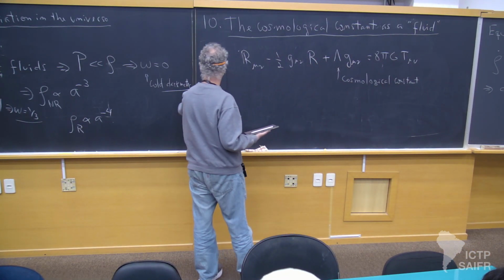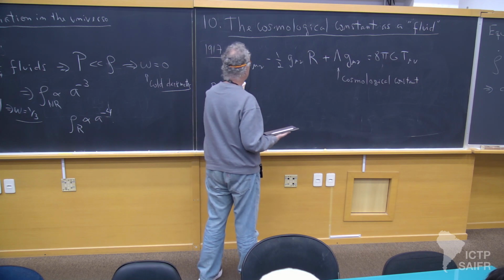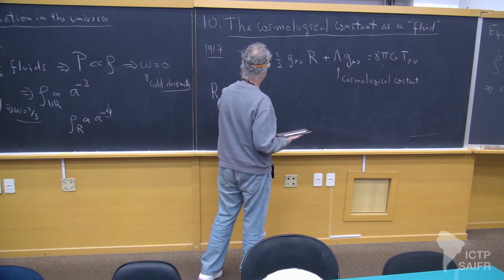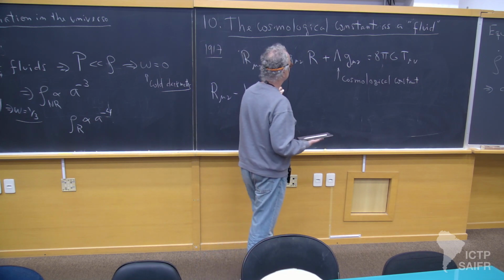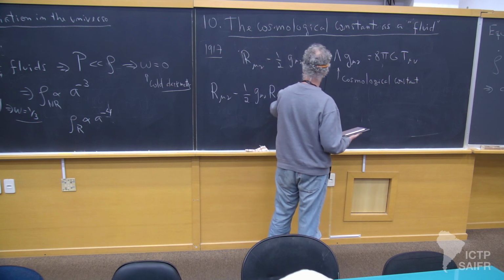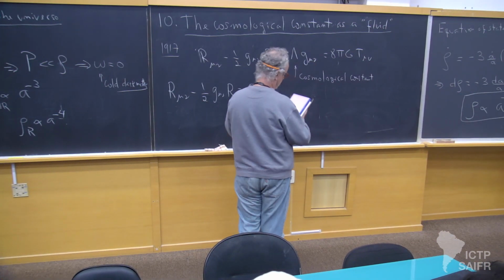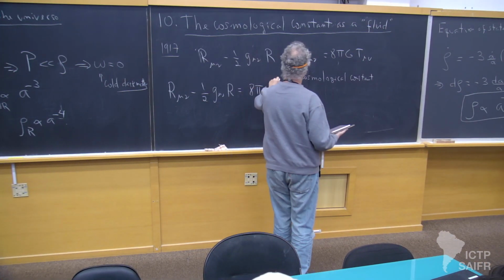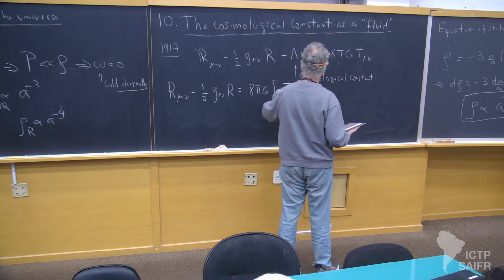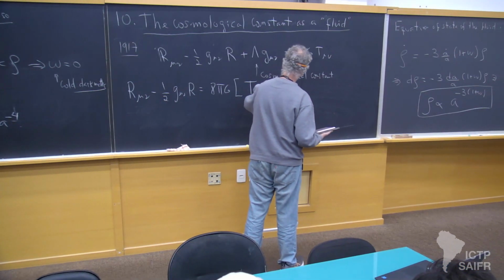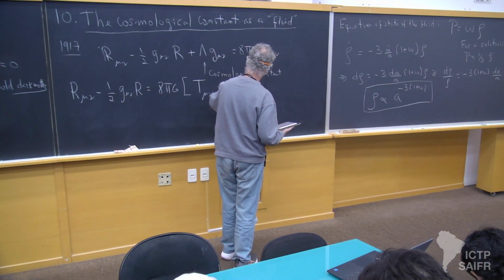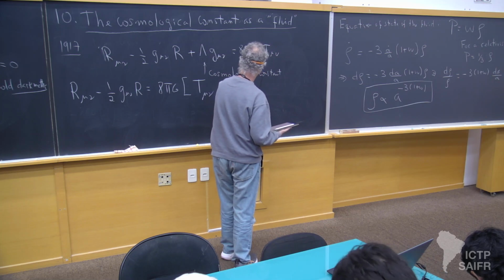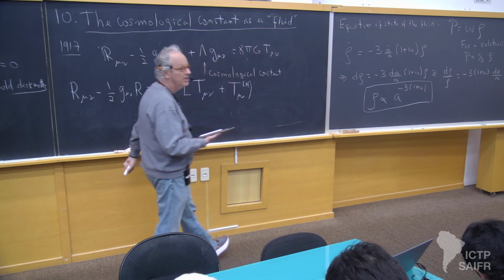So I write Einstein's equation with the cosmological constant as this. Get the factors right. And an extra contribution to the energy momentum tensor, which comes from the cosmological constant.